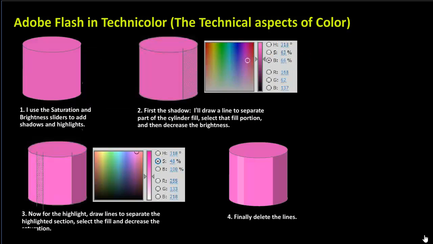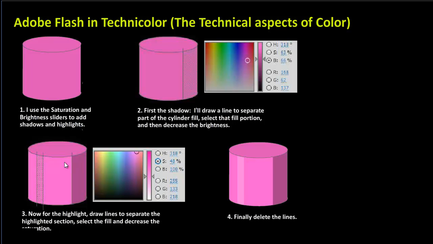How would I use that? Well, I might draw something in Flash such as the cylinder, and I want to add some shadows and highlights. So I would add a line over here to my cylinder, and I would select the fill area on the right hand side, and I can choose the brightness, and I can drag this brightness slider down. It's going to keep the same hue and the same saturation, but make that darker and end up with a little shadow there.